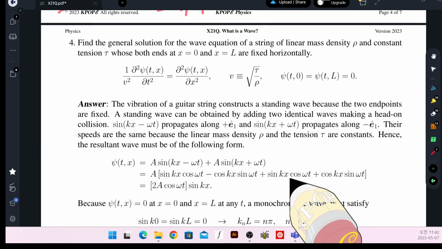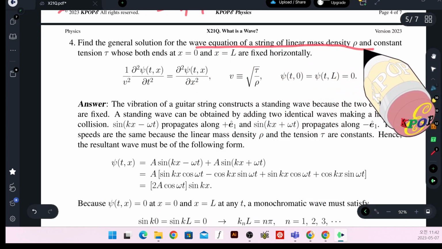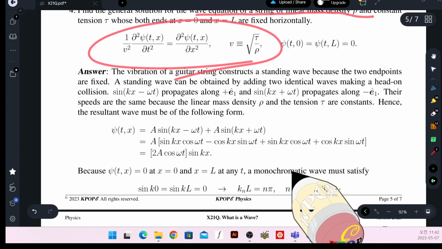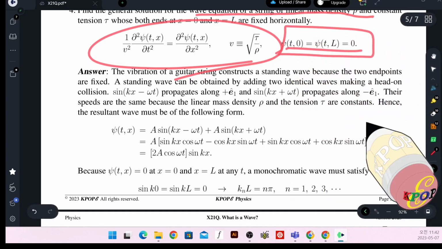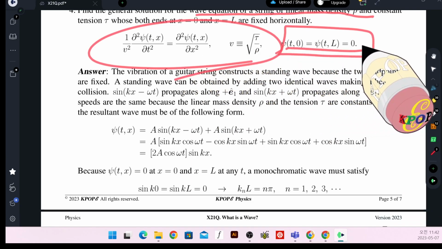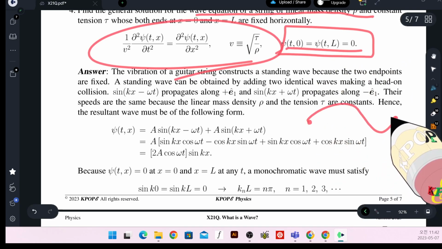Next, we find the general solution for the wave equation of the string. Now we have an additional condition that the endpoints of the string are fixed horizontally. Aha, it is just like a guitar string.